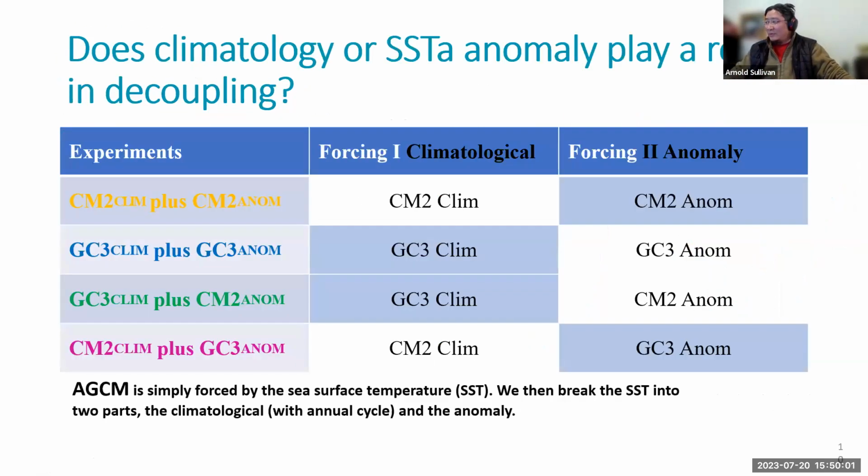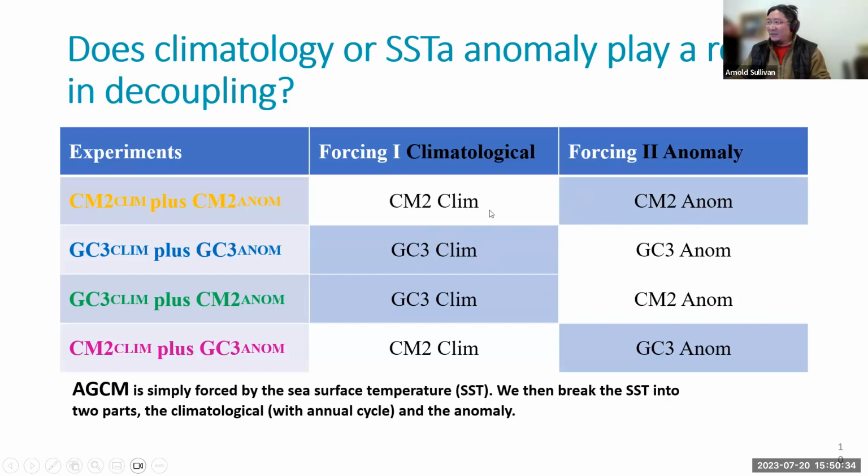The next thing we want to try is to understand whether it's the mean state or the anomaly term that causes the pattern to look different. So first I use the historical run SST, broken into the climatology term and the anomaly term, from CM2, and also the SAT from the historical run from GC3, broken into climatology and anomaly terms.